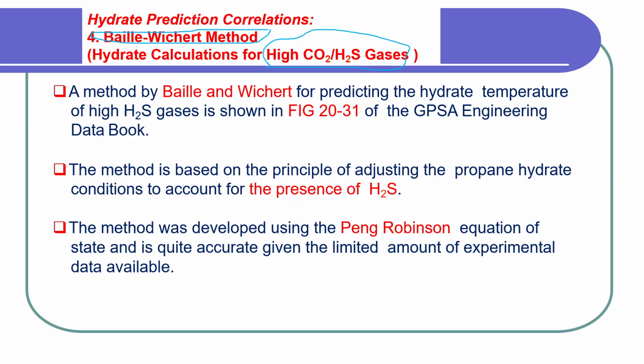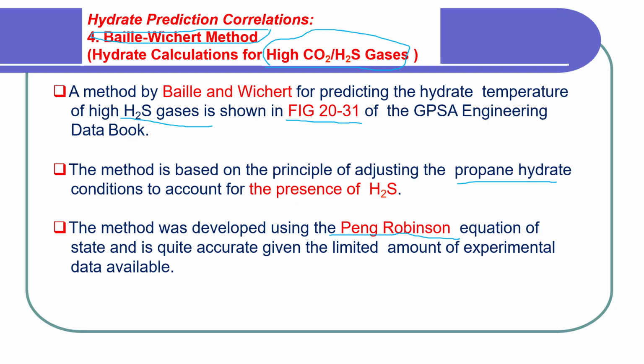The method is presented in figure 20-31 in the GPSA book, which can predict the hydrate temperature for gases that have a high content of H2S. The method is basically based on the principle of adjusting or correlating the propane hydrate condition to account for the presence of H2S. And the method was developed based on the Peng-Robinson equation of state as well. So we're going to see in the next slide how we use this chart, which is chart 20-31.